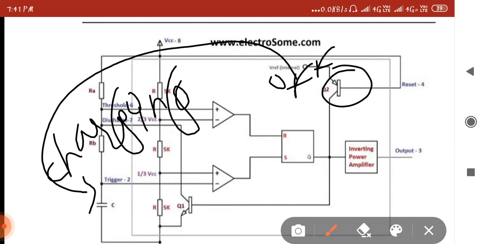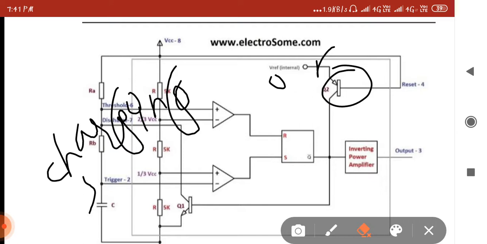If this transistor is in the on state, this capacitor is discharging.